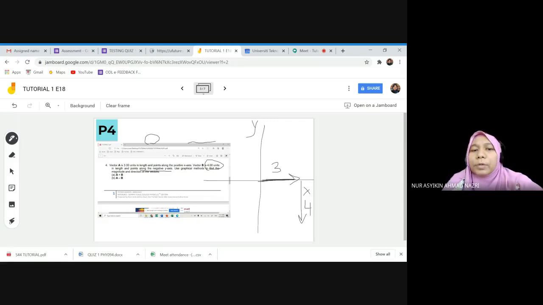So your magnitude and direction of the vectors. Okay. So maksudnya dia nak tanya resultant lah ni. Sebabnya dia kata A tambah B dapat apa? So vector A tambah vector B dapatlah yang ini. Okay. So you get this one.